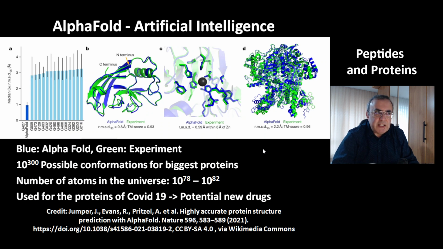But still, the AI AlphaFold was able to determine the structure of all these proteins, and this is a great scientific breakthrough because it will lead to potentially new drugs. And this AlphaFold is already used for proteins of the COVID-19 virus.